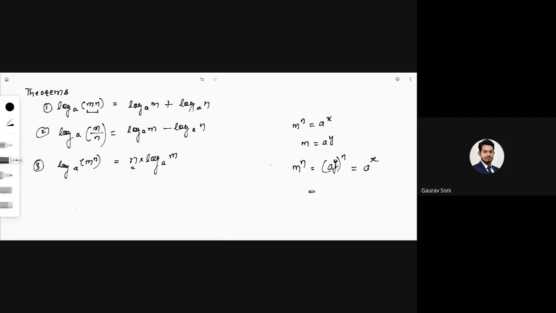If you simplify this, ny will become x. So you put the value of y: n into log to the base a of m is equal to log to the base a of m raised to n. It is just the simple properties of indices that we are using in the proof.